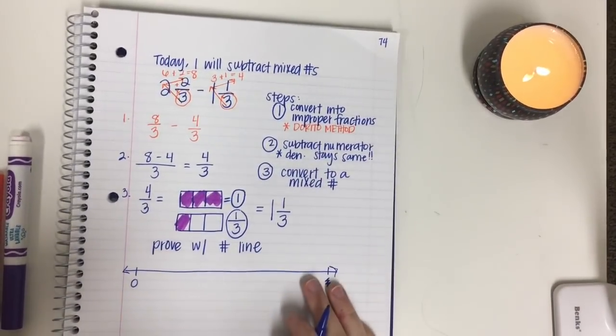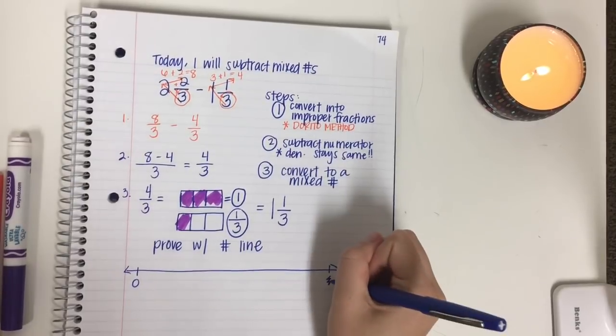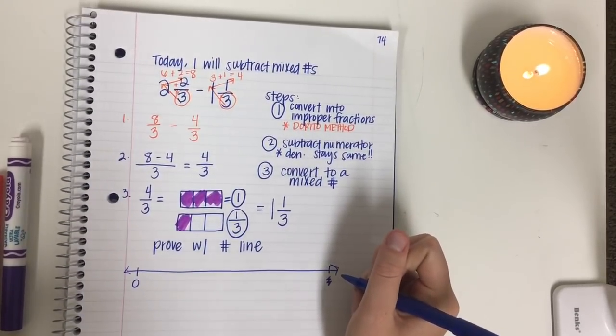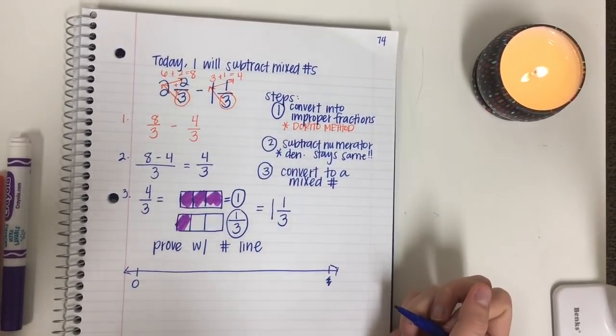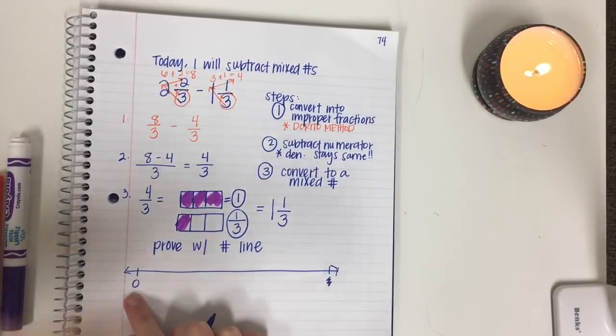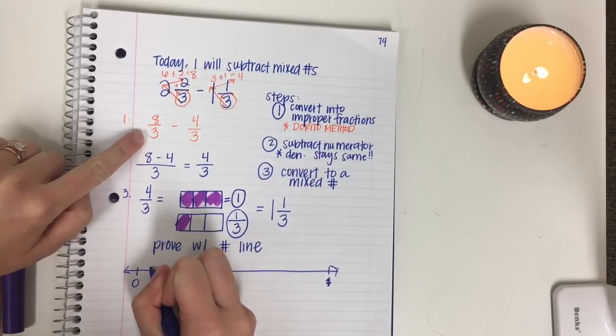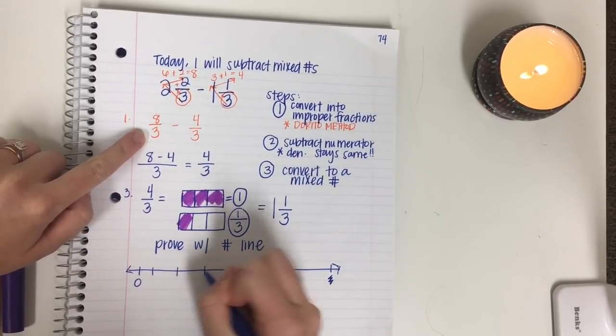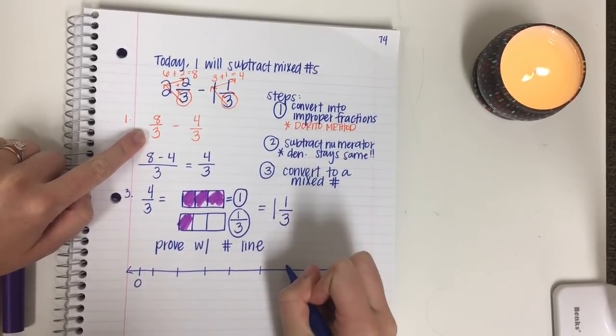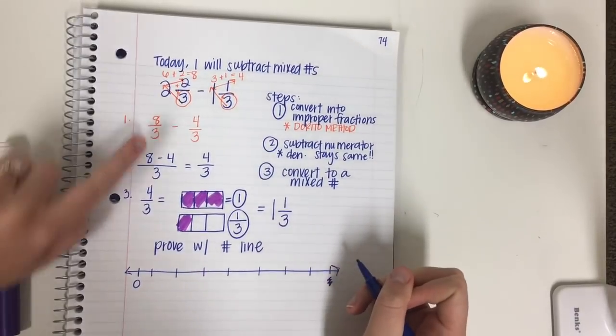Okay, so I'm going to draw my number line. I wrote the 1, but I crossed it out because I'm not actually sure. I think we might go past 1. So I have my 0. First thing I need to do is draw up to 8/3. So I need to do 1, 2, 3, 4, 5, 6, 7.